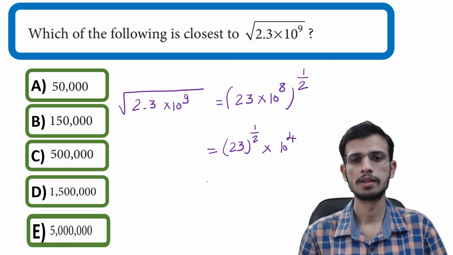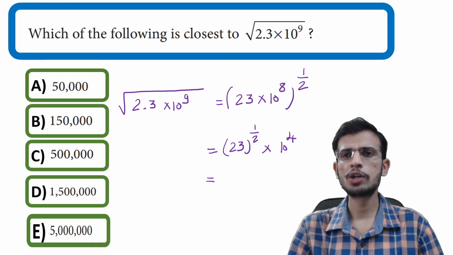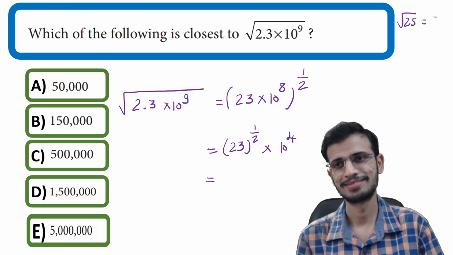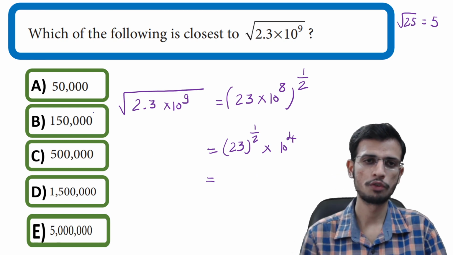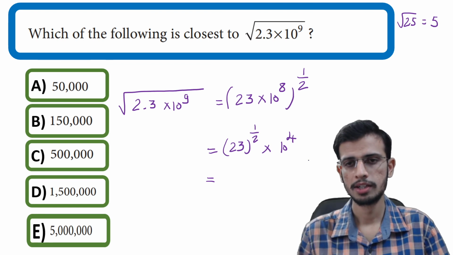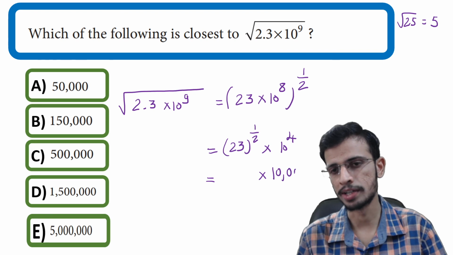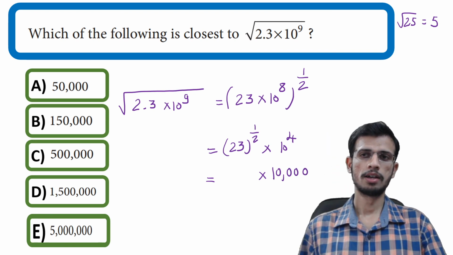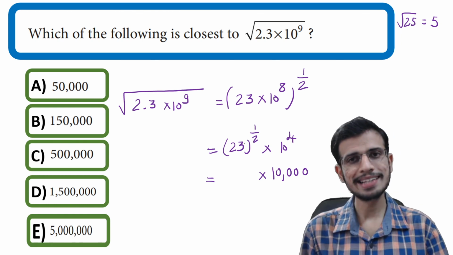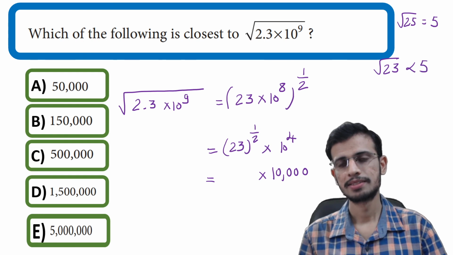So we have to just approximate. We know the square root of 25 is 5. What are our options? 50,000, 1,50,000, 5 lakh. This term is nothing but 10,000, right? The square root of 23 will be less than 5, right?